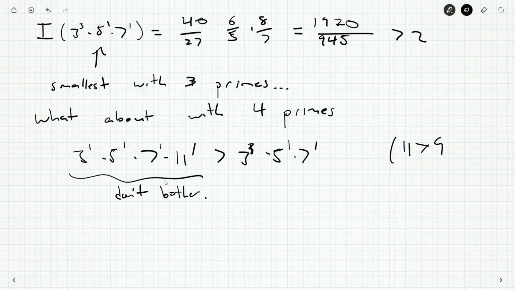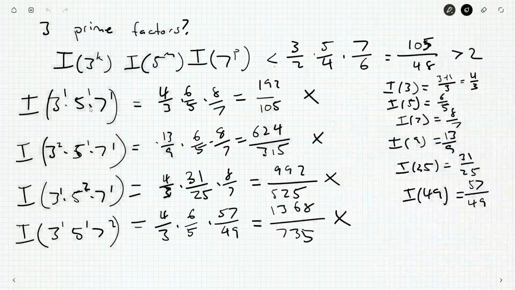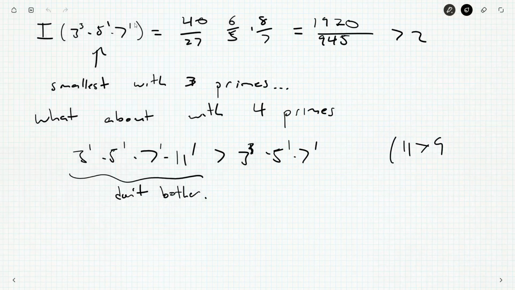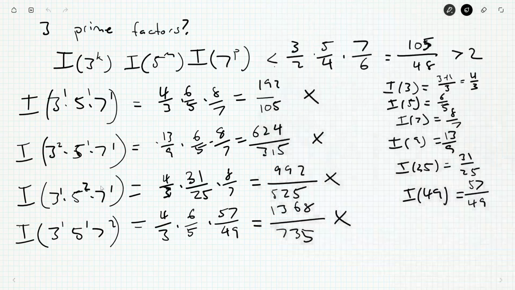So this definitely works, and I just want to mentally double check. We can't do small. We definitely can't do small. We have to have a 3, a 5, and a 7. Do we have 3 squared? So this is the smallest thing with 5 as the sum of the exponents. And then these are the ones that have 4 with the sum of the exponents.